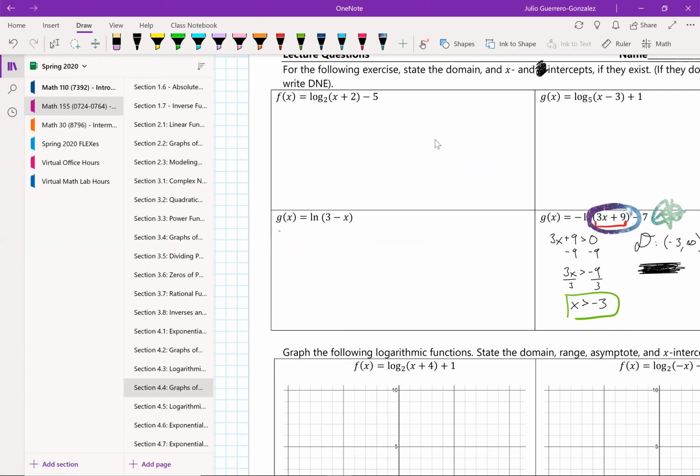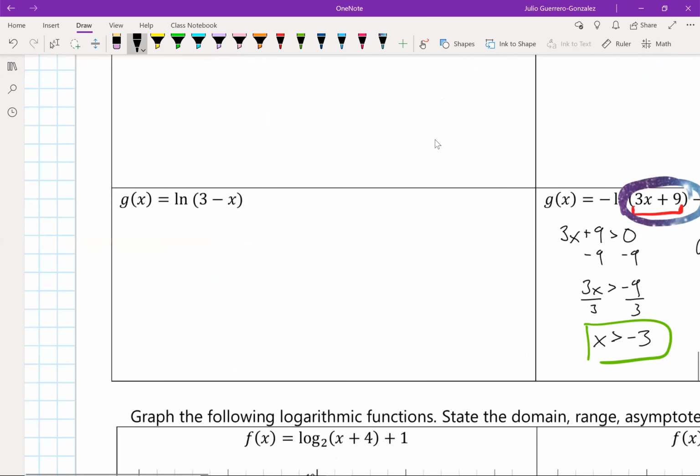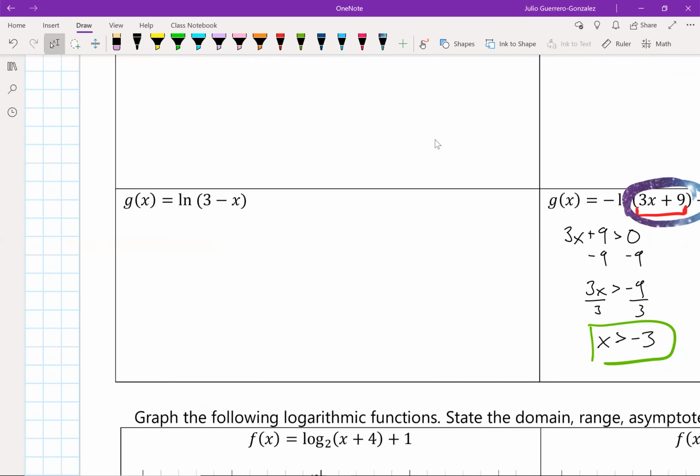So, domain, how do we do that? With the 3 minus x. And set it equal to 0.